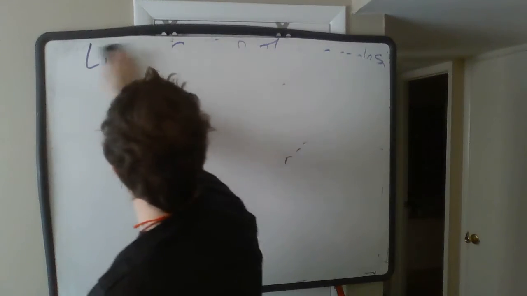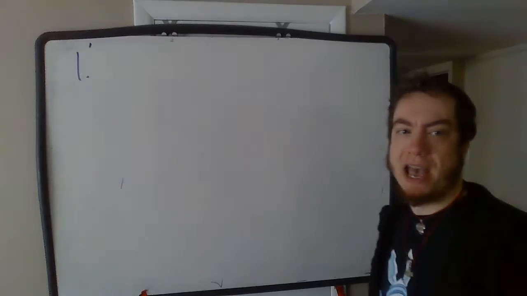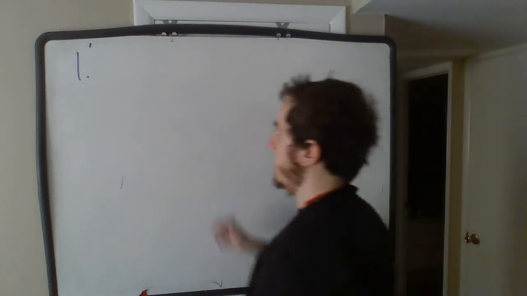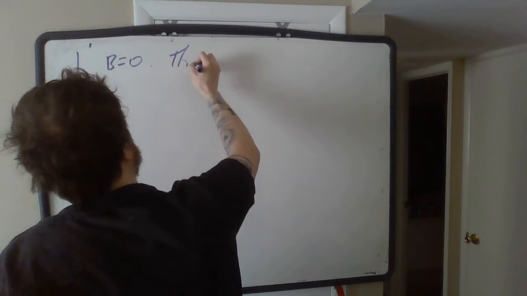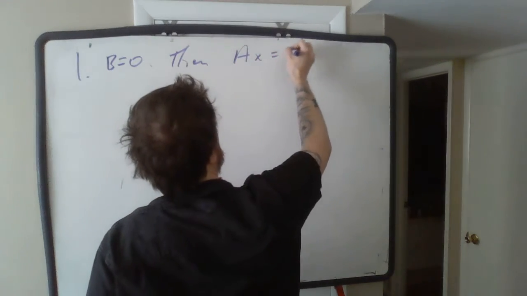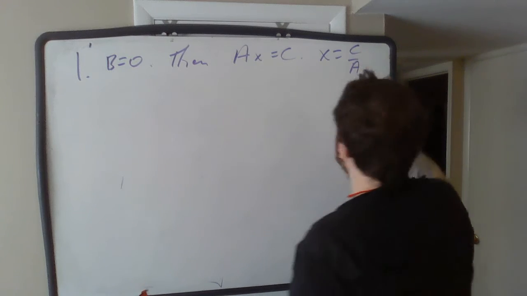Give me a moment here while I erase things. So the first possibility is that we have b equals 0 in that standard form. Then what we really have is simply ax equals c. This means that x is equal to c over a.